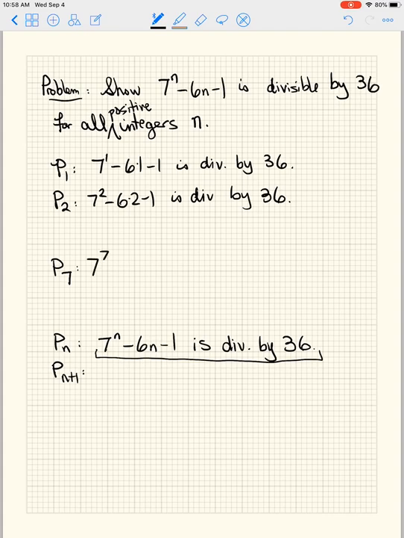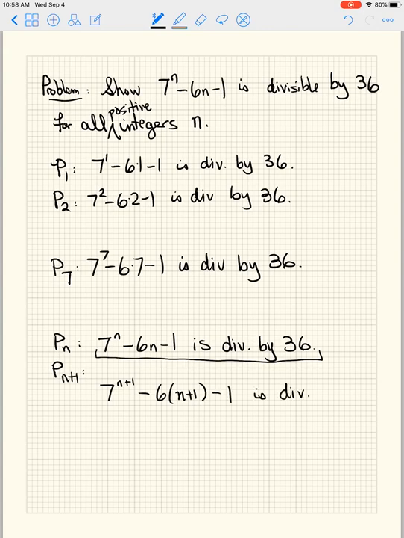P7 says that 7 to the 7 minus 6 times 7 minus 1 is divisible by 36. And finally, Pn plus 1 is going to say that if we put n plus 1 in for n, that whole expression is going to be divisible by 36.